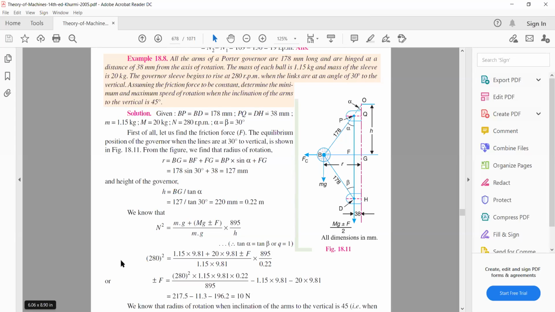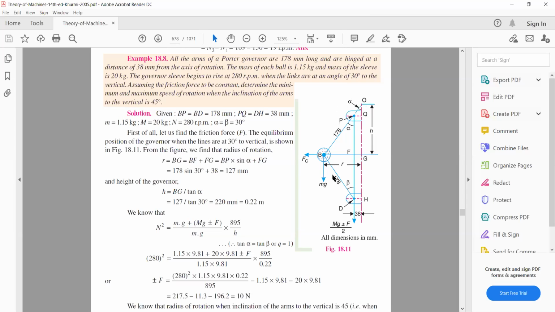The arm length is 178 mm, and now the height of the governor. The radius of rotation R is 127 mm, and now we are going to find the H value. H is taken from the fixed point O to G. Those follow the same angle of inclination, so the triangle is BOG. H equals BG by tan alpha.